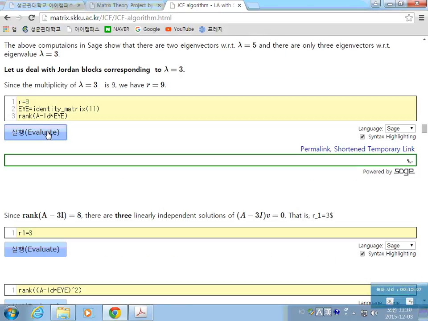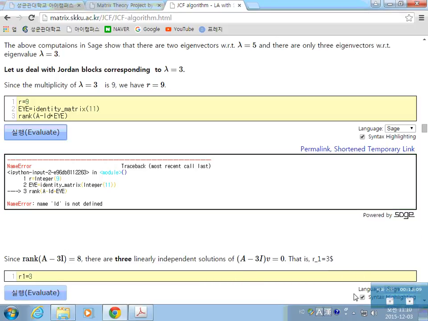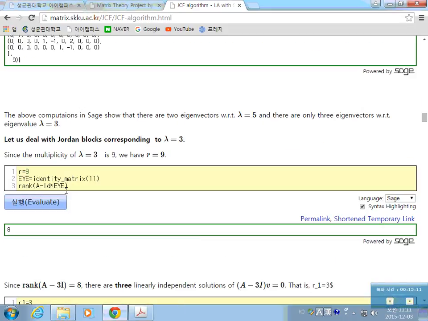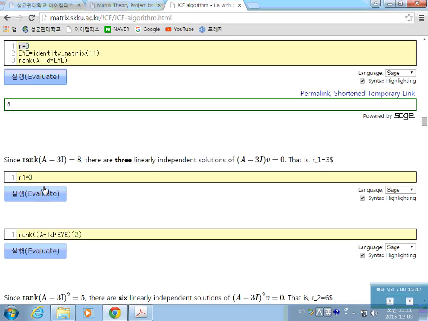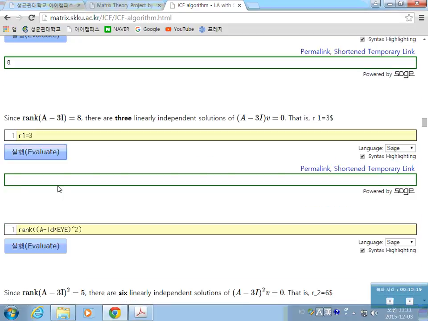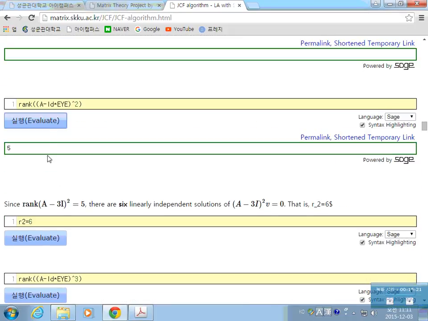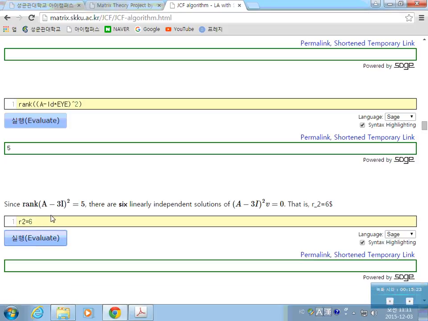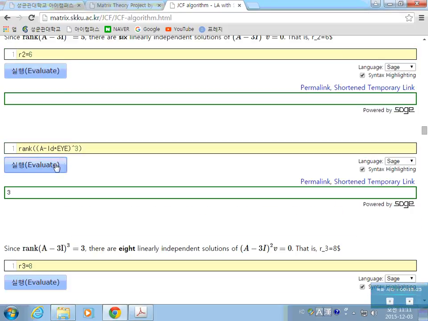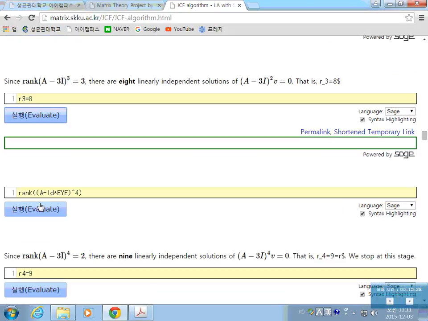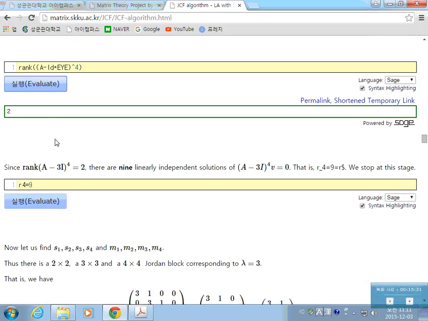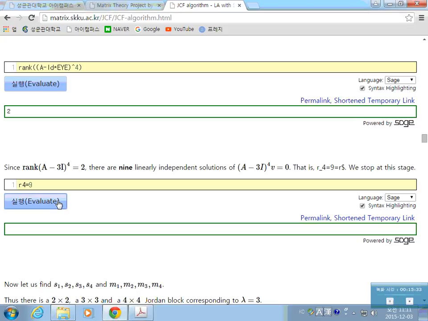For this matrix R, a 9 by 9 matrix, we found the rank of this is 8, and R1 is 3, and we found the rank of this, so the difference is 6. Next, the rank of this is 3, so R3 is 8, and the rank of this is 2, so alpha should be 9.